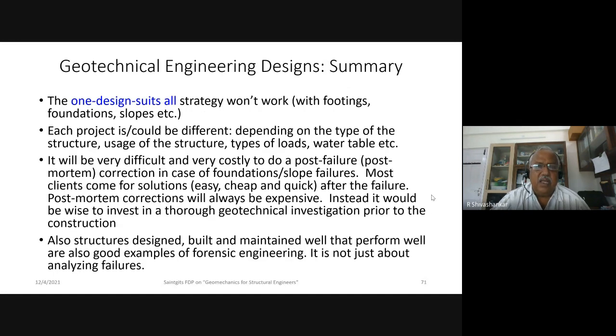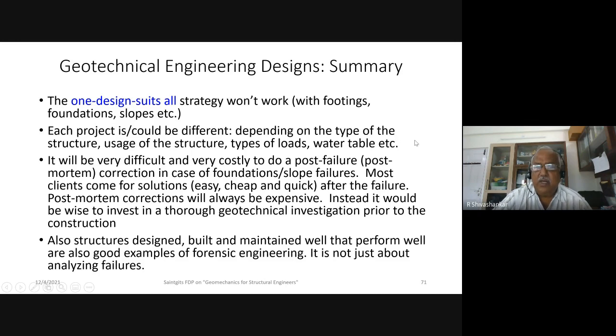Some design offices, I'm told, have a standard design made, ready-made. They have a template for every case. If I say 50-ton load, they have a design. 80-ton load, they have a design. But somehow I'm not convinced with that. There cannot be one design that suits all because the type of structure, the type of soil, everything could be different.